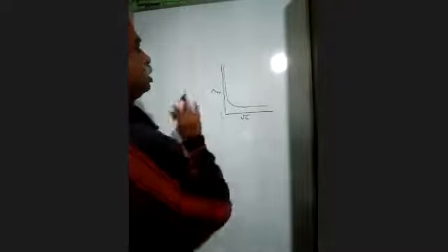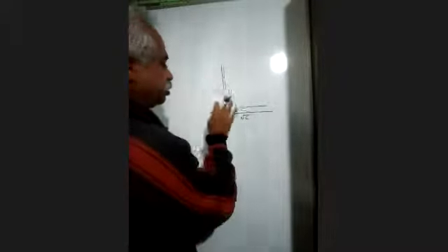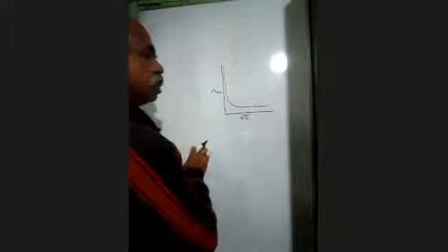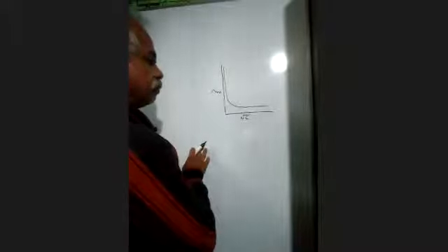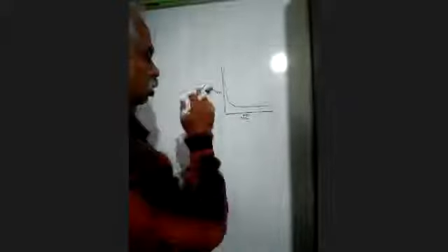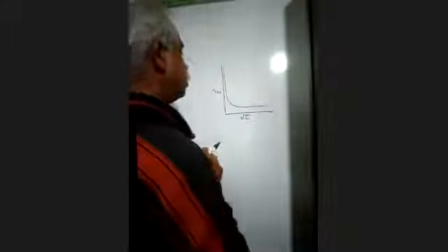So in this case, it is simply not possible to find the limiting conductivity of a weak electrolyte because the line is not going to intercept. So this experiment did not help us.